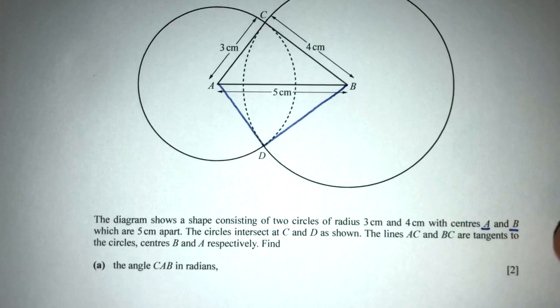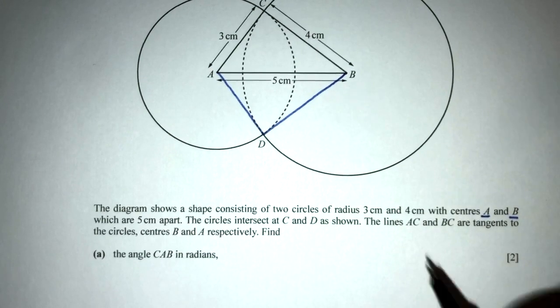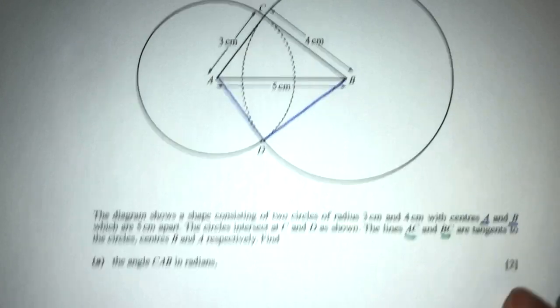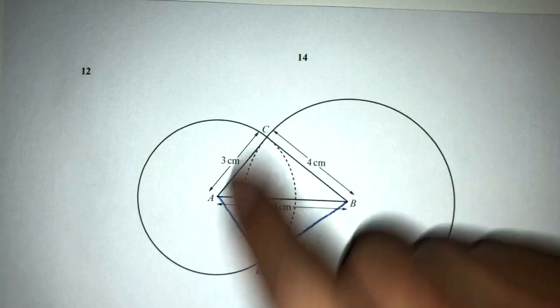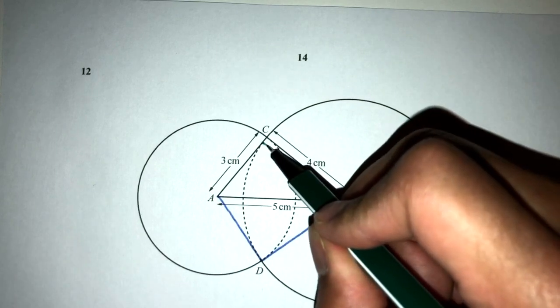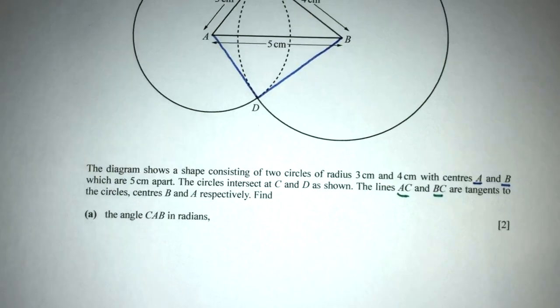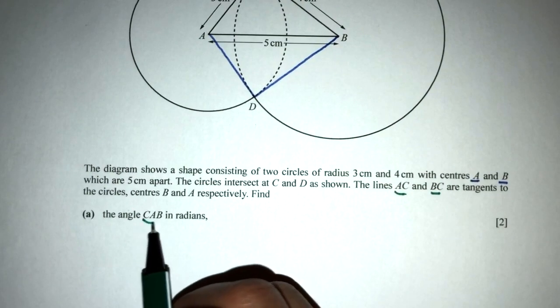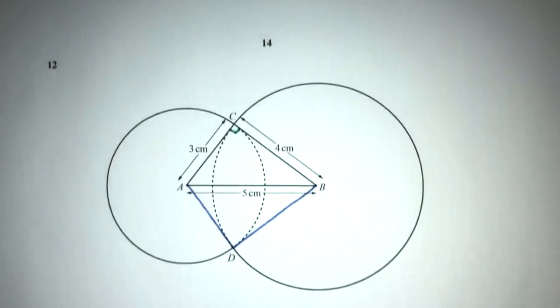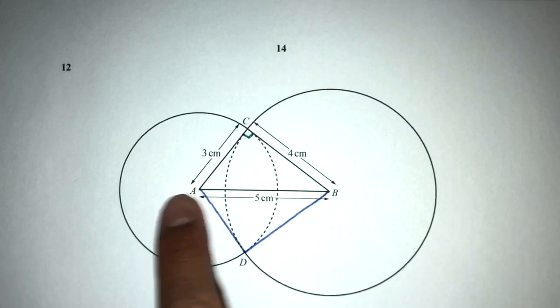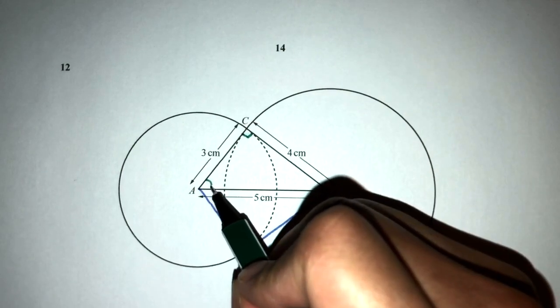So that's the first thing we can draw. And then what else? The lines AC and BC are tangents, which means this is 90 degrees right here, and we have to find the angle CAB in radians. So where's CAB? We have to find this one.